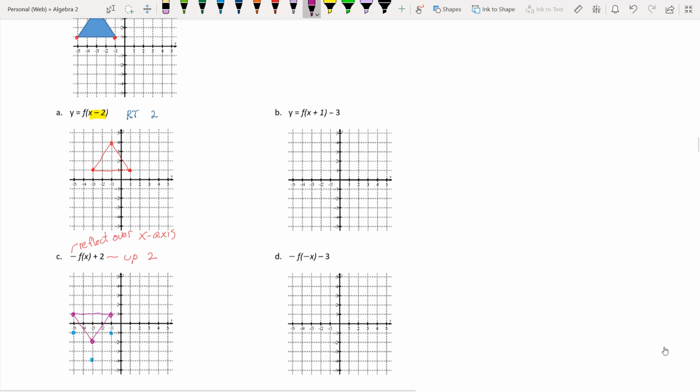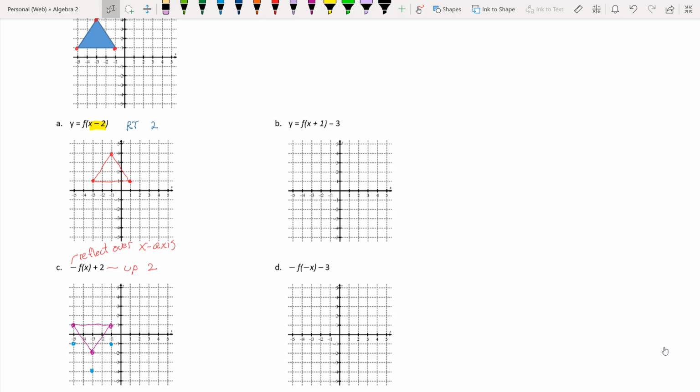All right, letter D says take your parent function, which is the one in the upper left, reflect over x and y axis, then down 3.